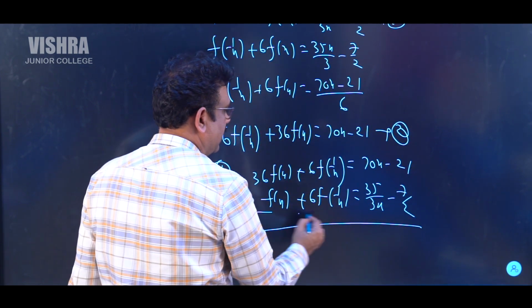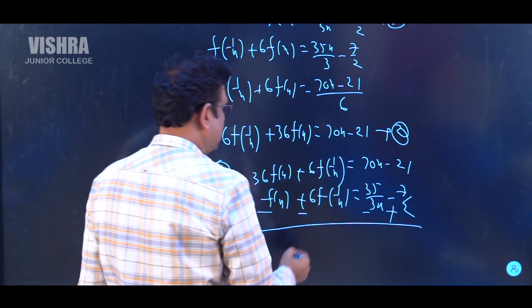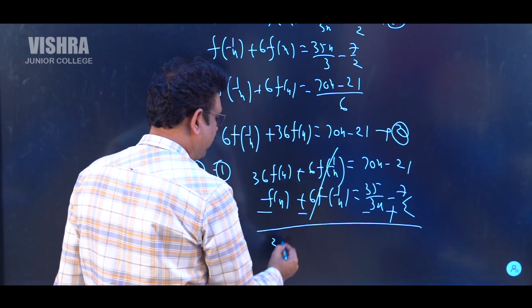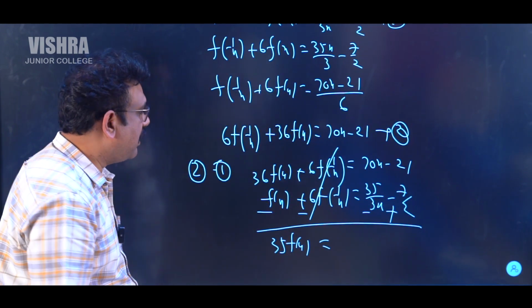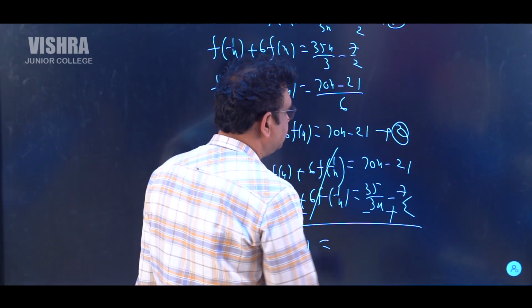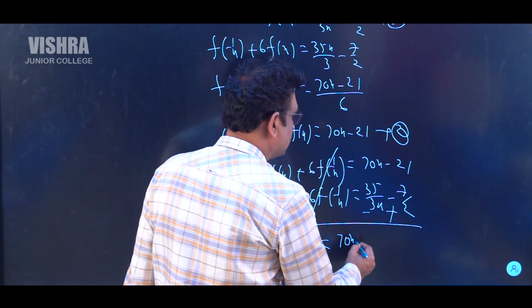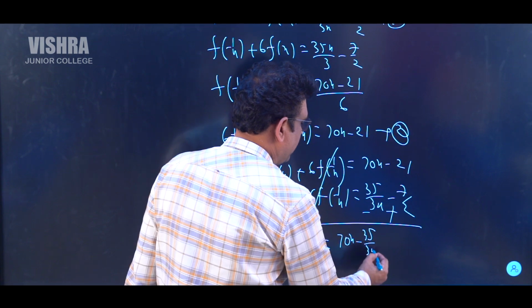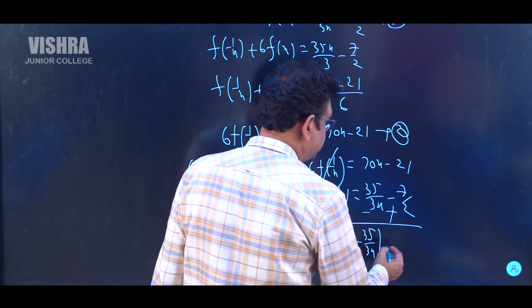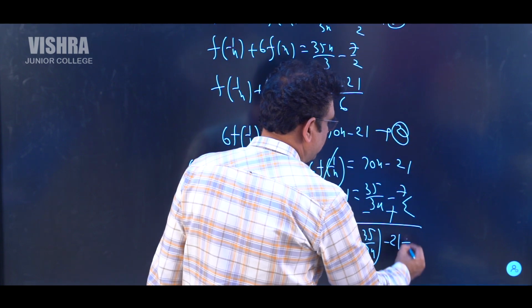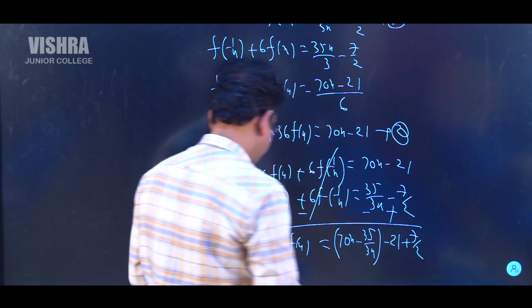So these are cancelled. 35 into f of x equal to 70x minus 35 by 3x minus 21 plus 7 by 2.